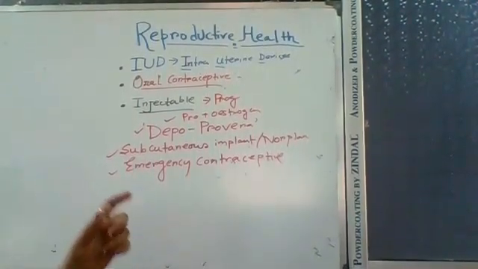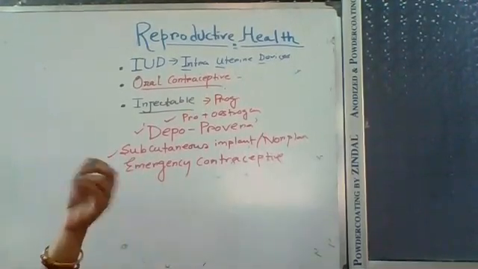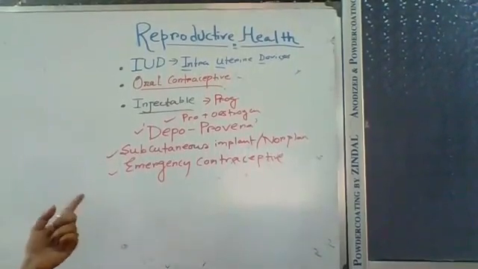মেকিং-এর 72 ঘন্টার মধ্যে এই পিলস গুলো নিতে হয়, যাদের খুব কমন নাম আমরা দেখি Unwanted 72, and that are very effective emergency contraceptives.